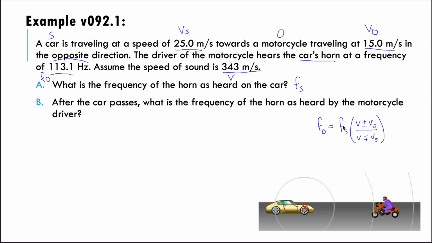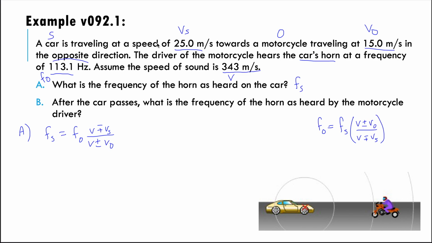So we need to go ahead and multiply by the reciprocal. So Fs is going to equal Fo times V minus or plus Vs over V plus or minus Vo. The car and the motorcycle are traveling towards each other.